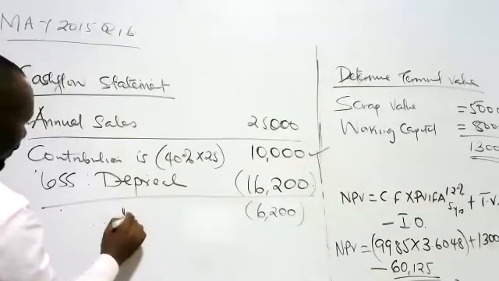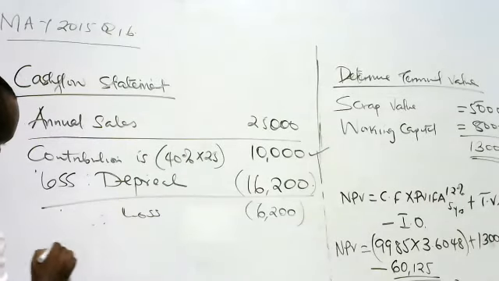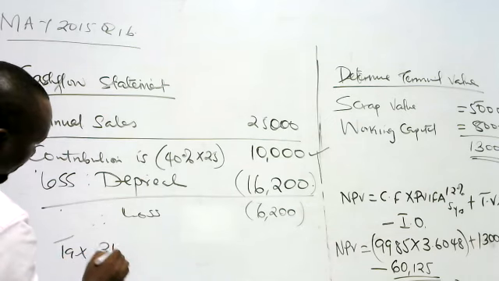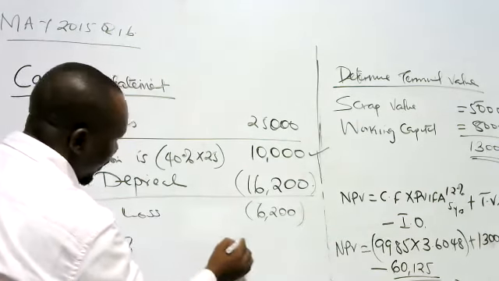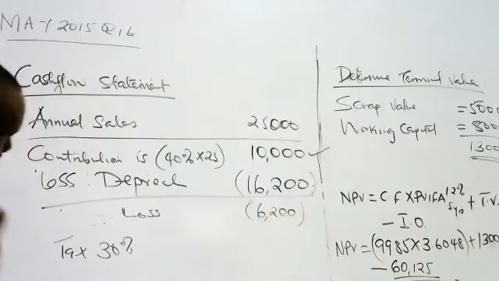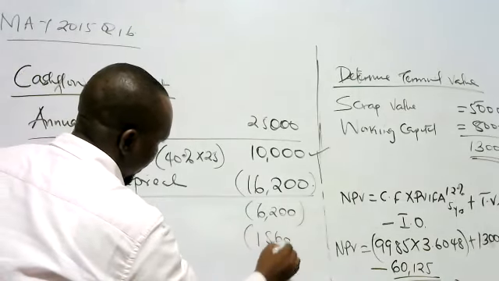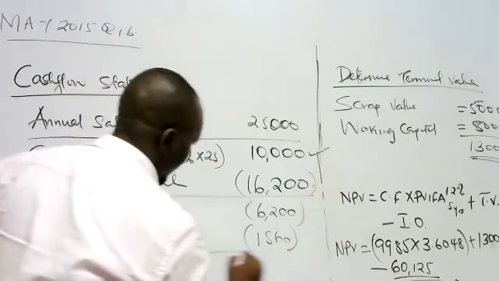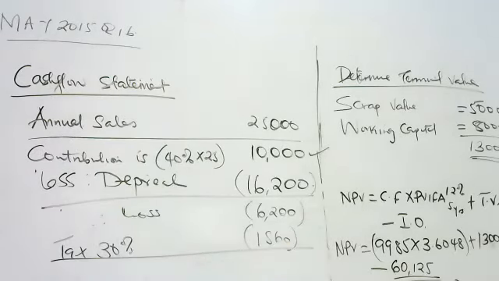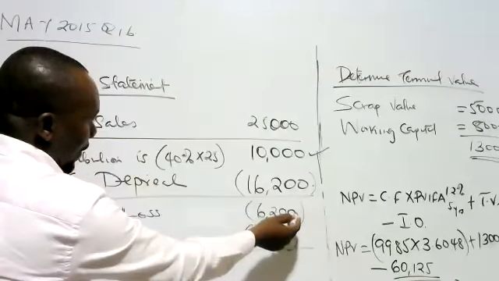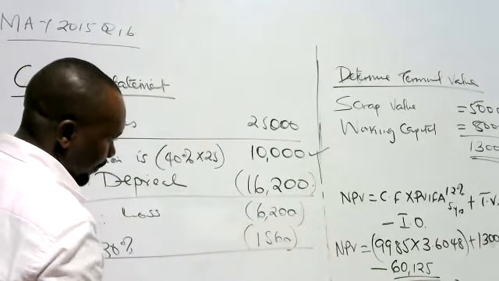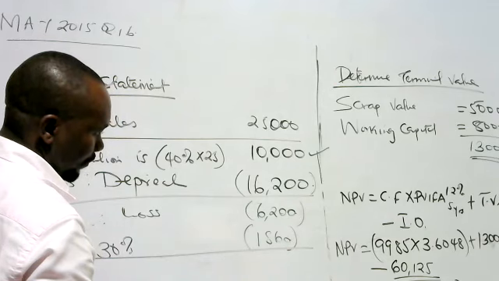I got negative 1860. Earnings after tax is positive 8060. Negative 6,200 minus 1860 gives us positive 8060.